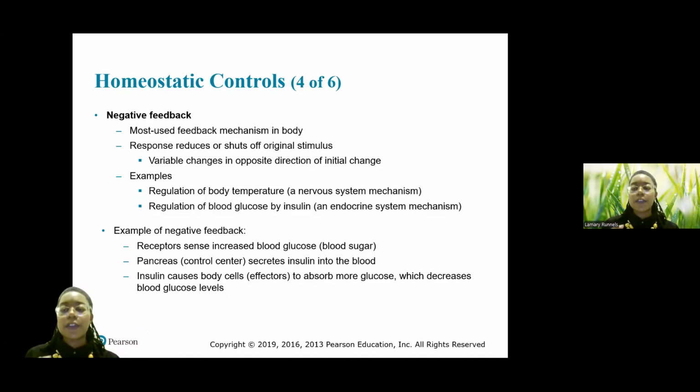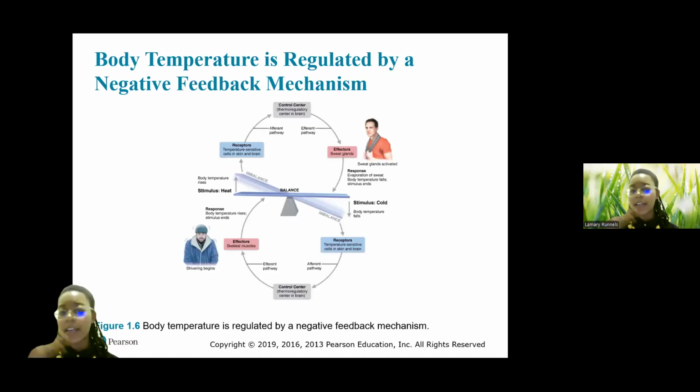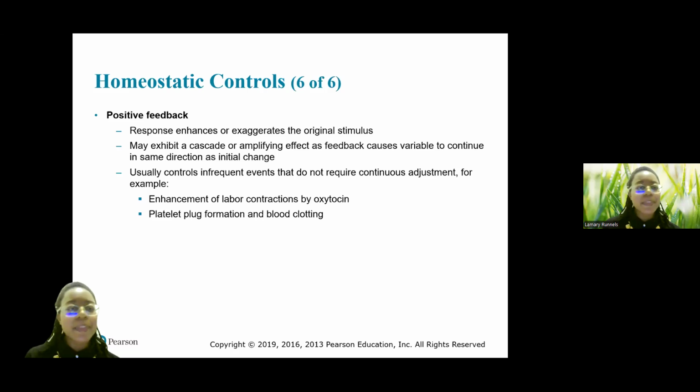So that's negative feedback, where your homeostatic range is within here, but then a stimulus happens that takes you outside of that range, and your body is just trying to get you back within that range. That explains everything I just said.